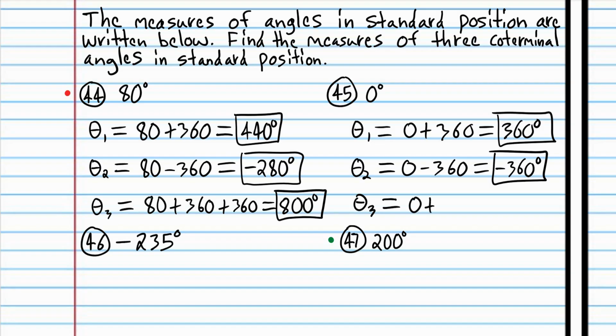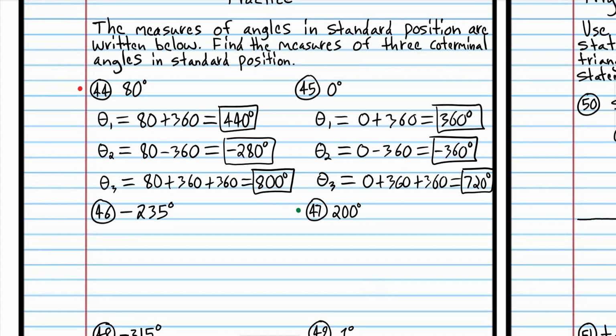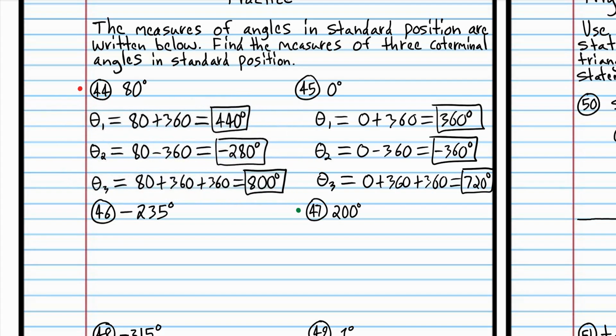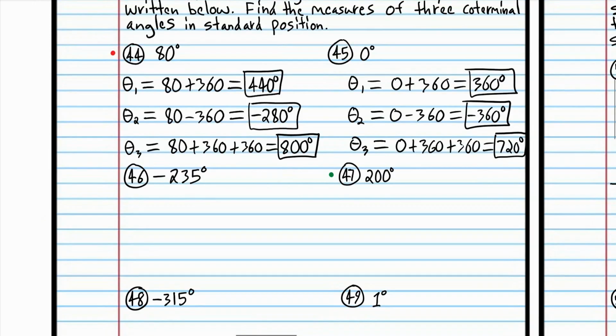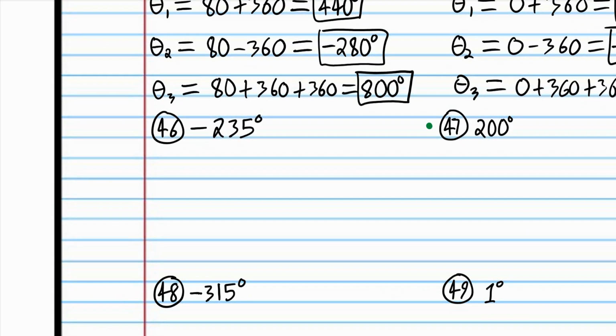So we can also add 360 and then add it again to get another coterminal angle. Then we have 720 degrees. So again, this is just basic arithmetic. The most important thing is to understand the concept that we're just rotating around until we get to the same terminal side.